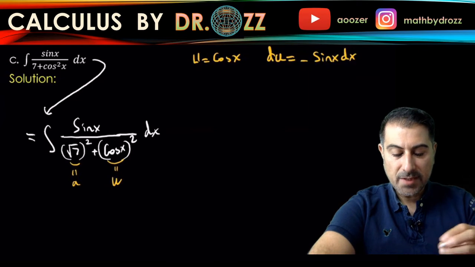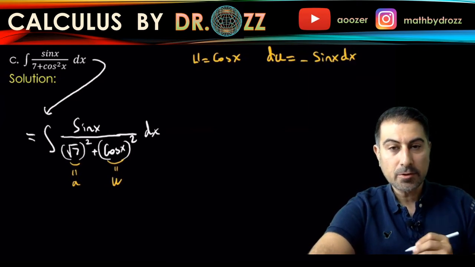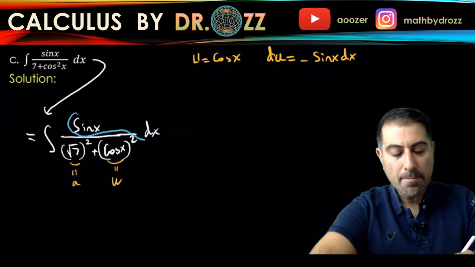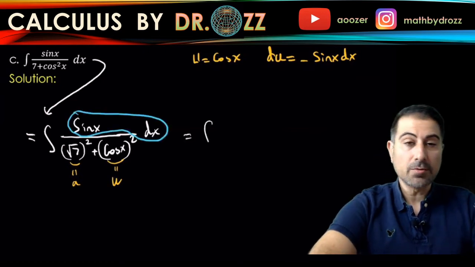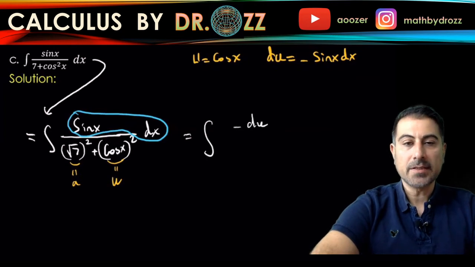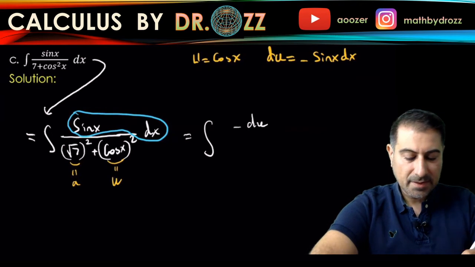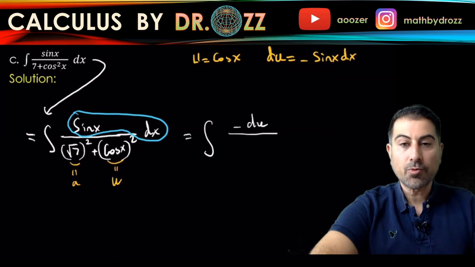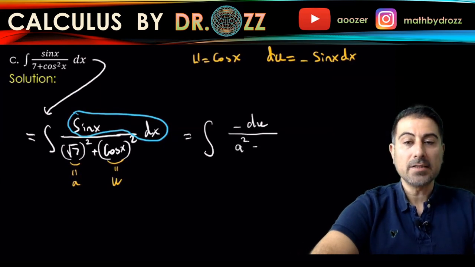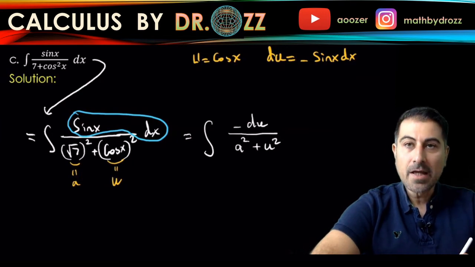Well, the good news is that I do have sine x dx here to replace by minus du, because du equals negative sine x dx, so just sine x dx is negative du. And the bottom is a perfect sum of the squares, right? So it's like a squared plus u squared for a being radical 7 and u being cosine x.